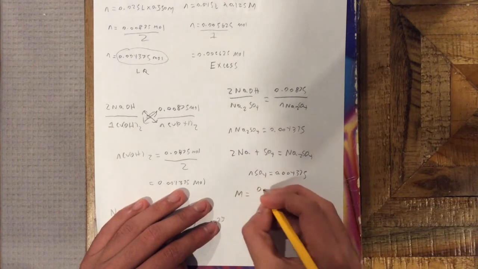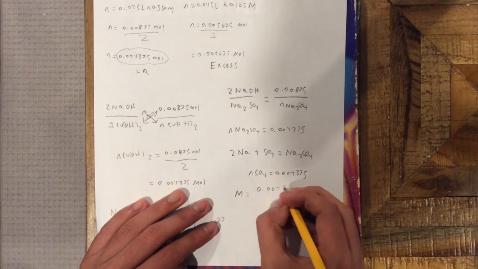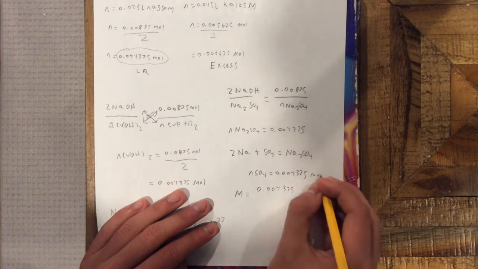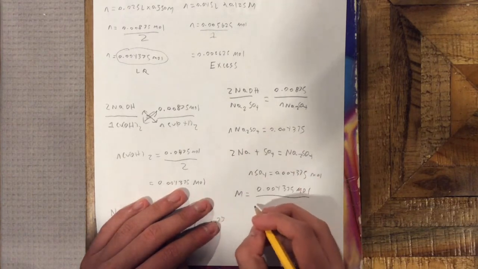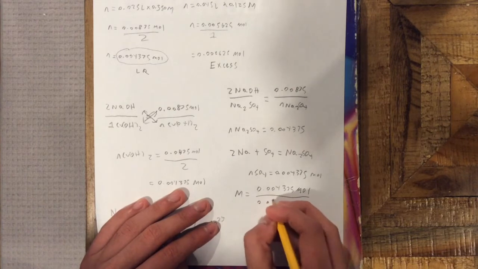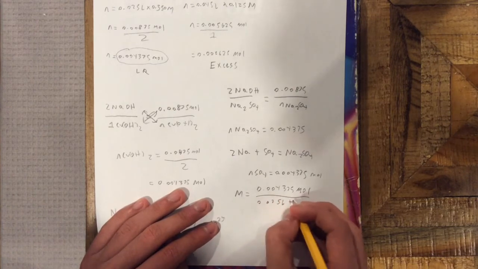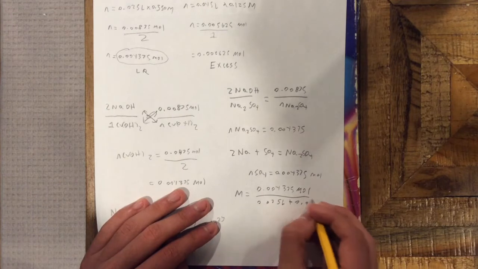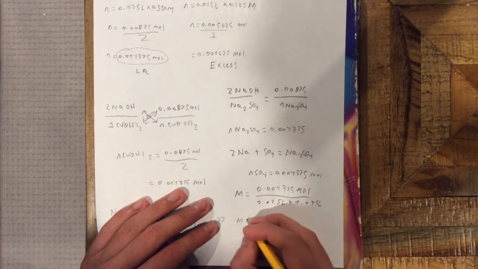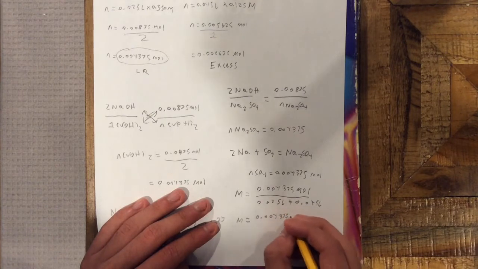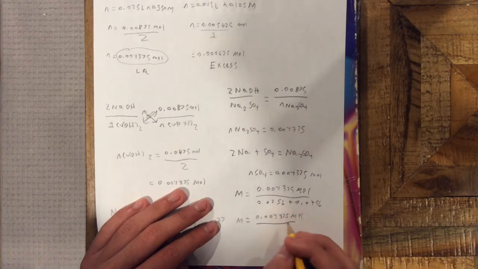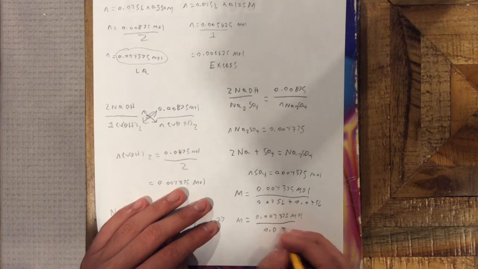So then we can solve for the molarity. Molarity is equal to the number of moles, so 0.004375 mole, and then you add the number of liters together, so 0.025 liter plus 0.045 liter. So you get molarity is equal to 0.004375 mole divided by 0.07 liters.